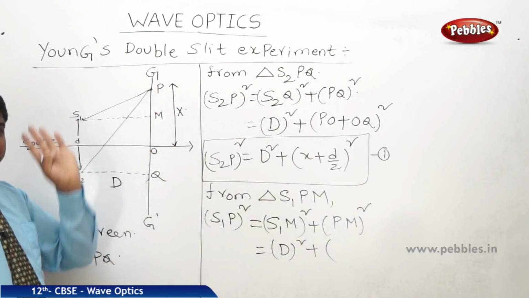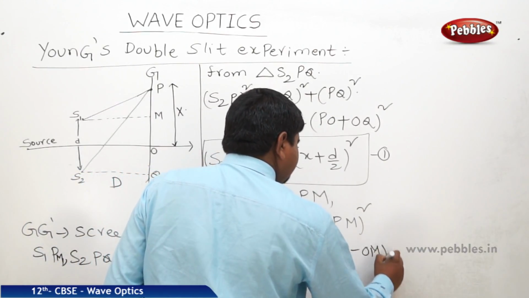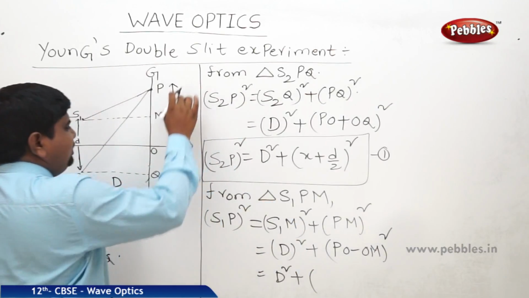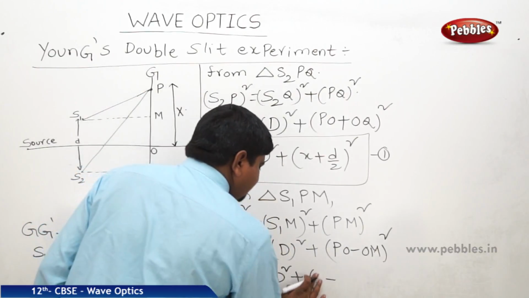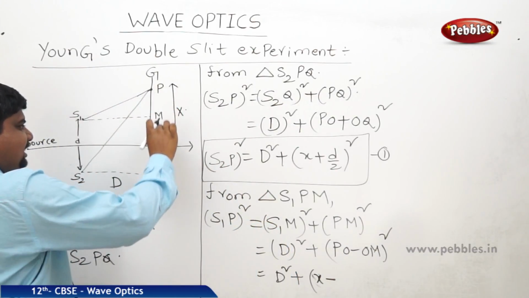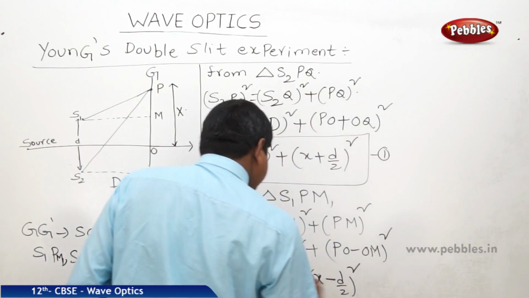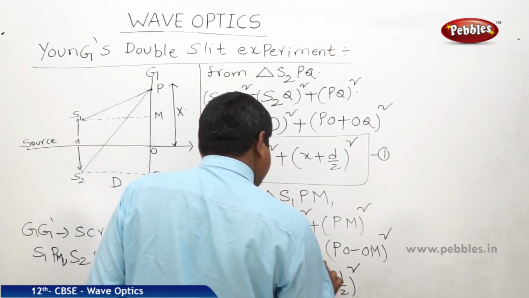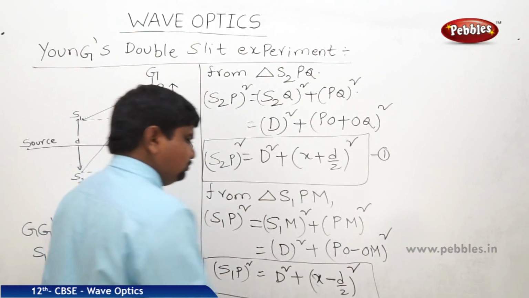PO minus OM. Therefore, it is D square plus, what is PO? x, or we can write small x, minus, what is OM? d by 2. This is S1P whole square. This is equation 2.